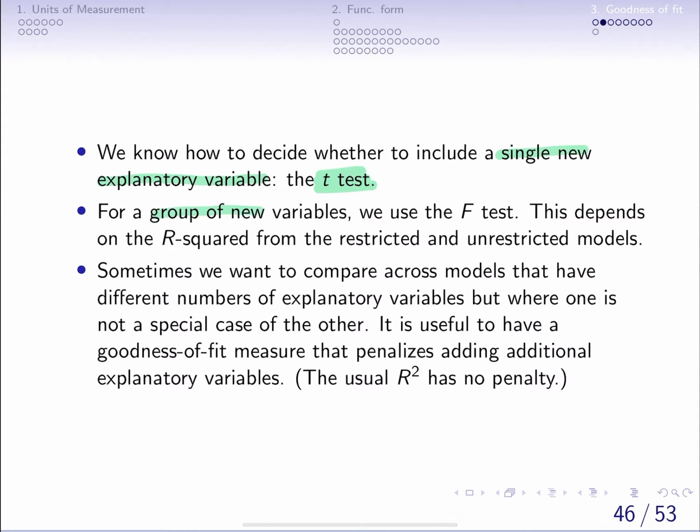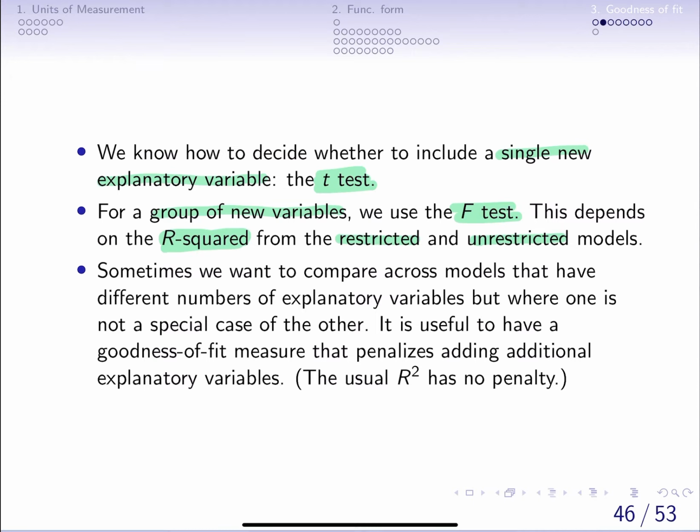And for a group of variables, we use the f-test. For joint significance, we are using f-tests, and for the f-test, we are looking at the r-squared from the restricted and unrestricted model. This is something we've covered previously.